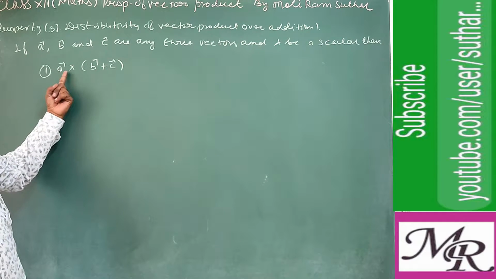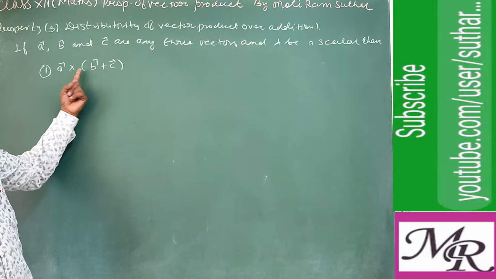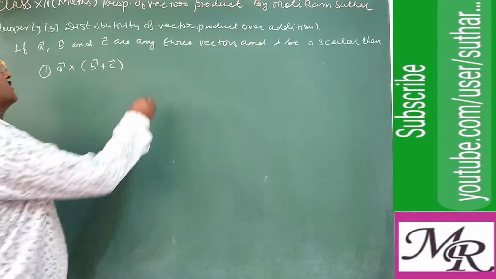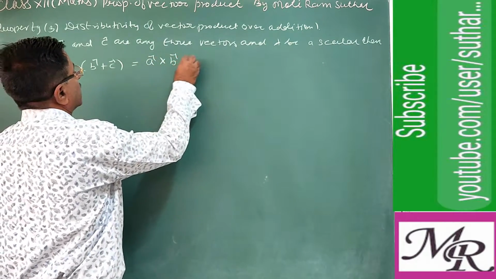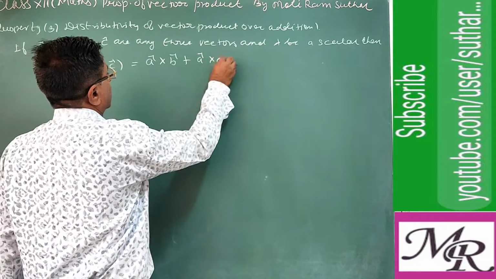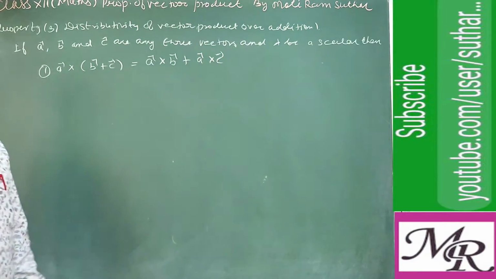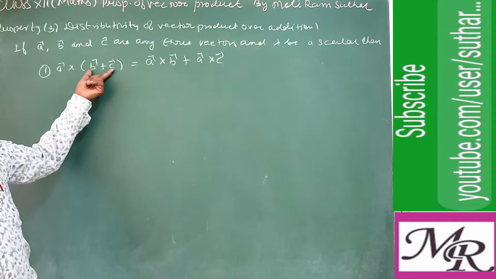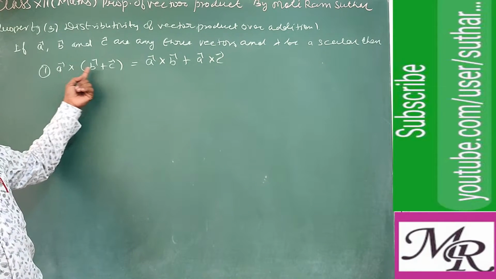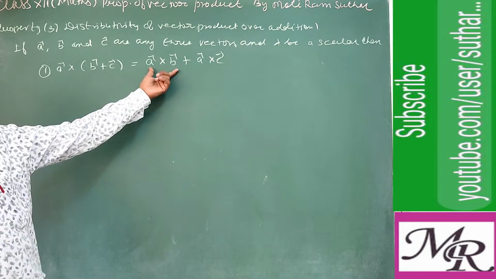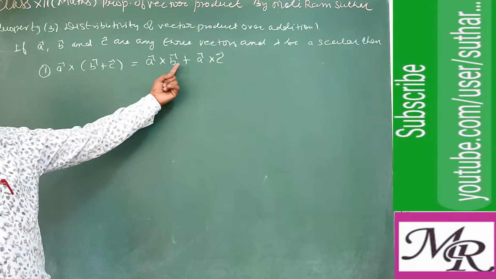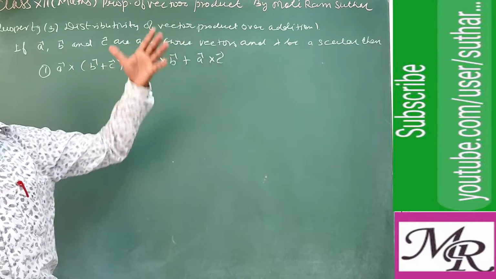So A cross (B plus C) equals A cross B plus A cross C. This is true: either you can first add vectors B and C, then find the cross product with A, or individually you find the cross product of A with B and A with C, then add the results.